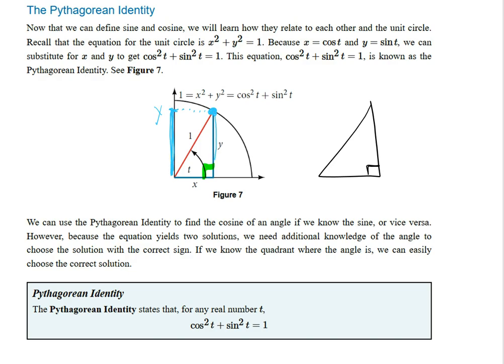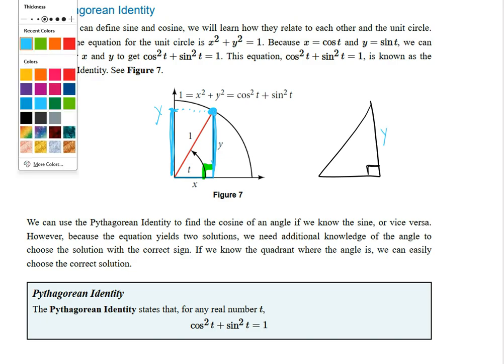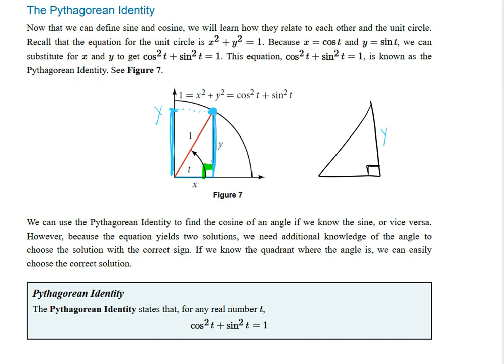Well, that's what this is right here in blue. So that is your y. And then your x, this point here also is straight down to the x-axis, which is this distance, and that's that leg. And then because it's a unit circle, your hypotenuse is the one.